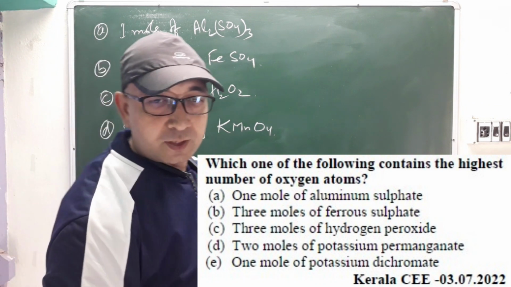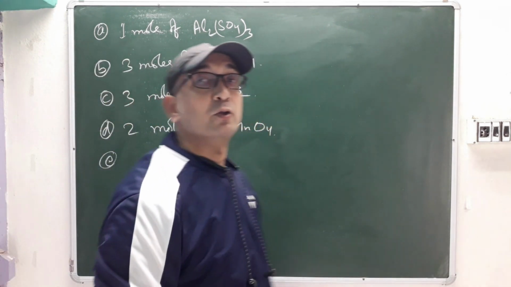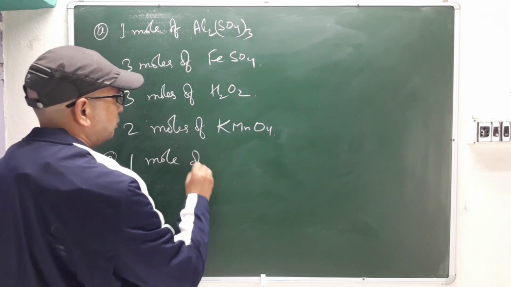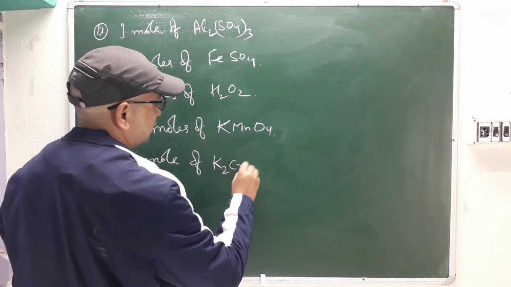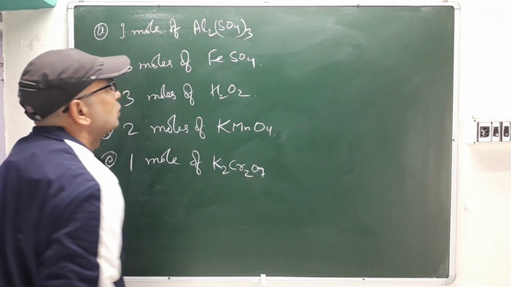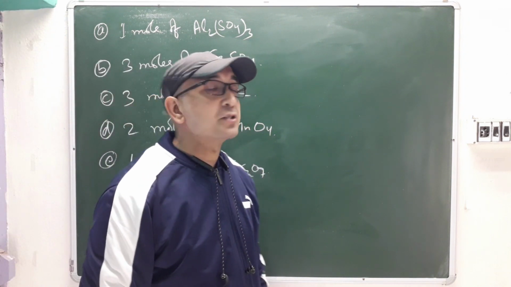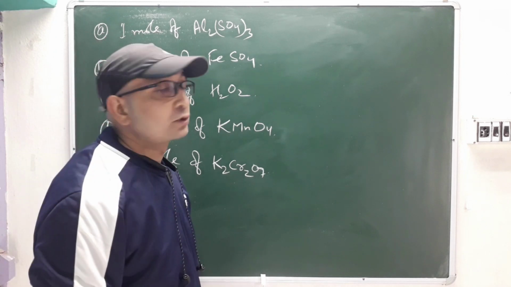Option E, it has given 1 mole of potassium dichromate. So now the question is which one of the following contains the highest number of oxygen atoms.